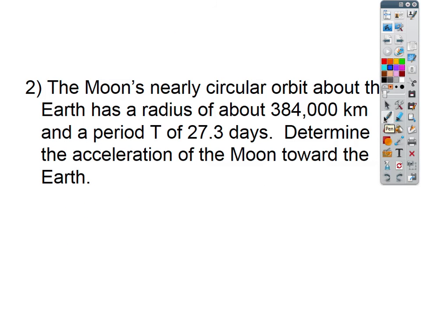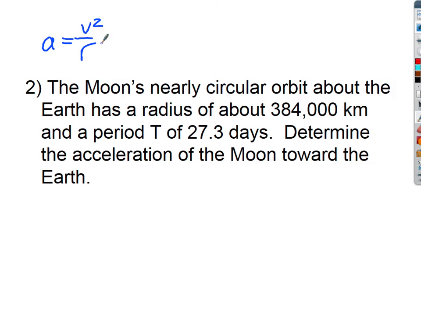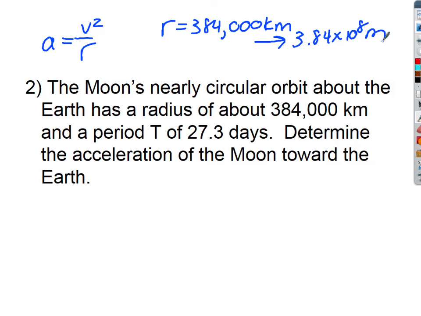All right. The moon's nearly circular orbit about the Earth has a radius of about 384,000 kilometers and a period T of 27.3 days. Determine the acceleration of the moon toward the Earth. So we're trying to find acceleration, v squared over r, but I'm only given r as 384,000 kilometers, which I need to convert to meters. Everything we've ever done, distance has to be in meters. So this is 3.84 times 10 to the 8th meters.